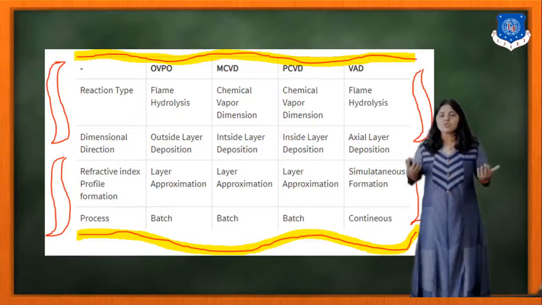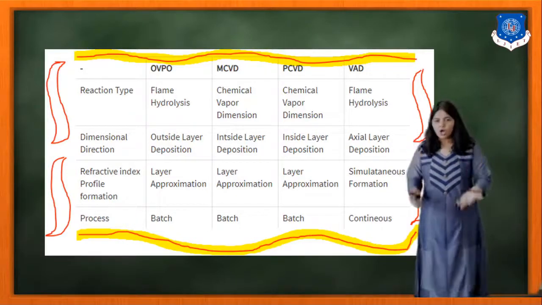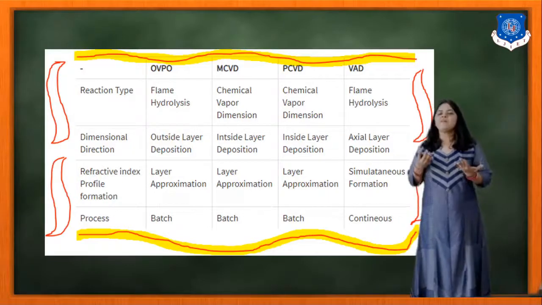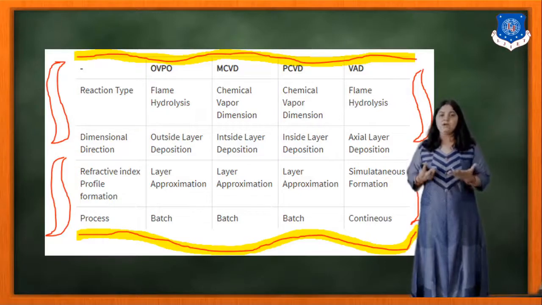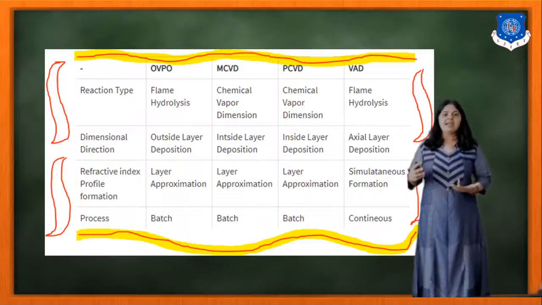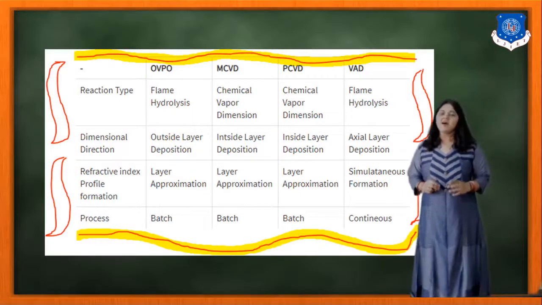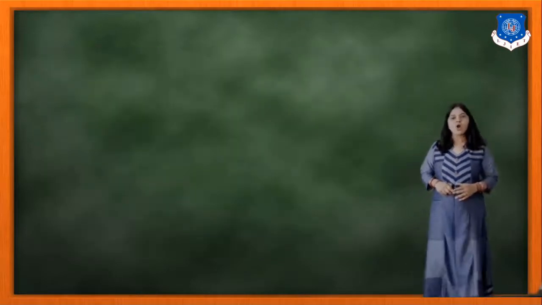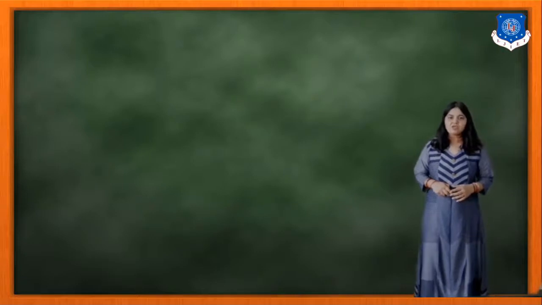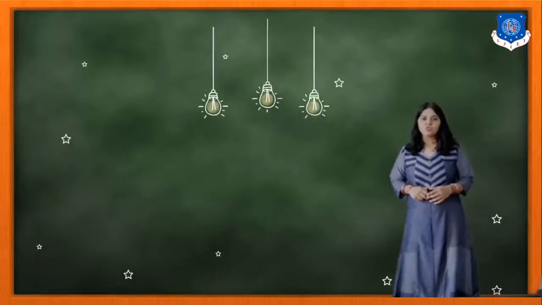So according to the distance, the cost, and every parameter, we need to choose the particular method of selecting the particular fiber. So this is about all four methods that we can use.